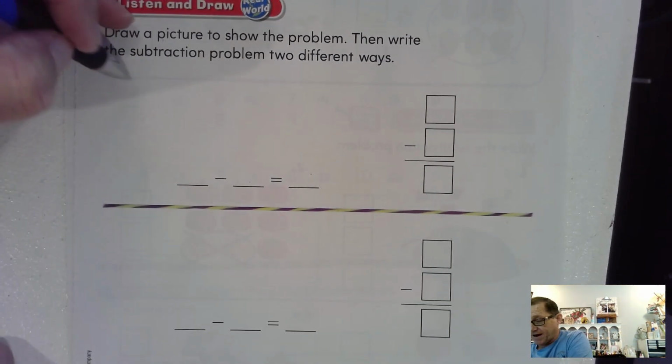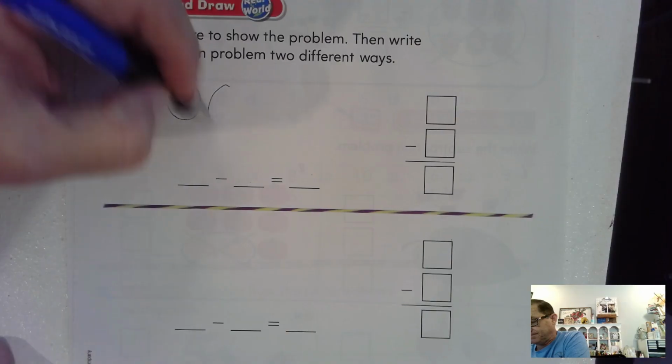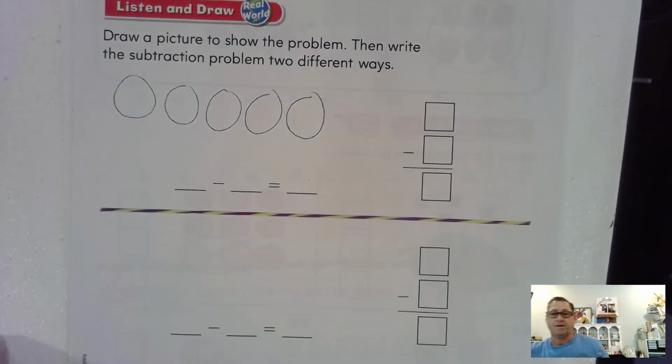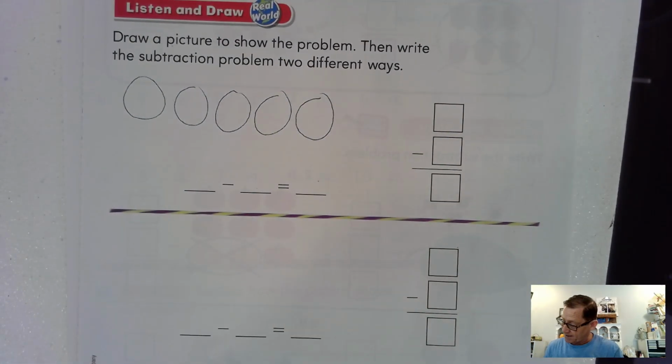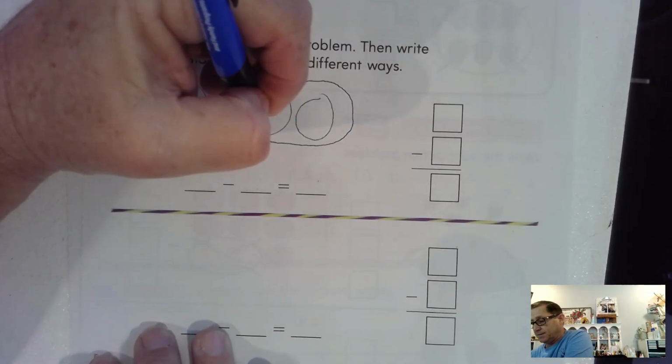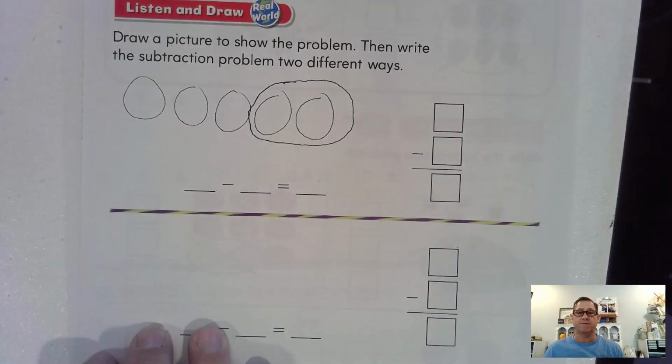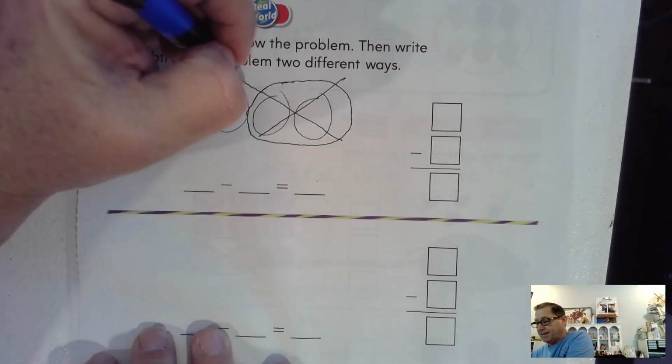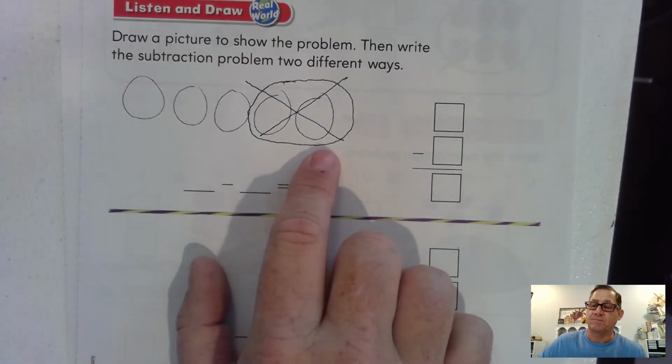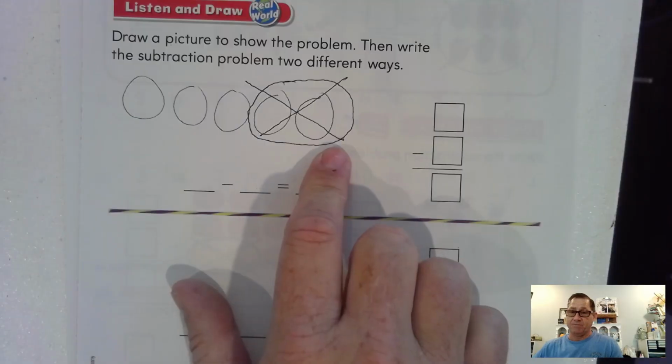Okay, so there were 5 birds. Alright, so we had 5. And the problem told us that 2 of those 5 birds flew away. So I would circle 2 of them. And I would cross them out. This is representing that I'm taking them away, right?